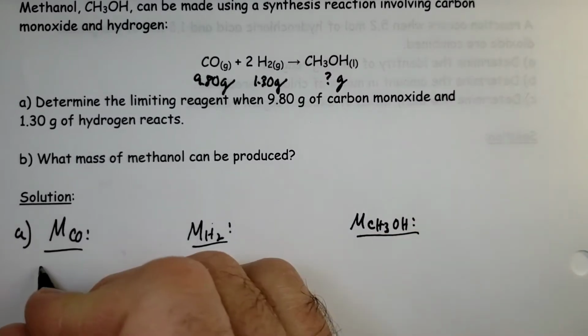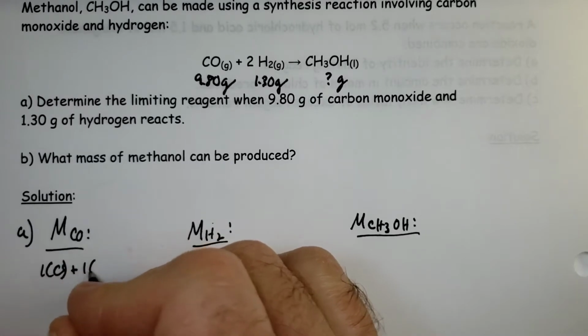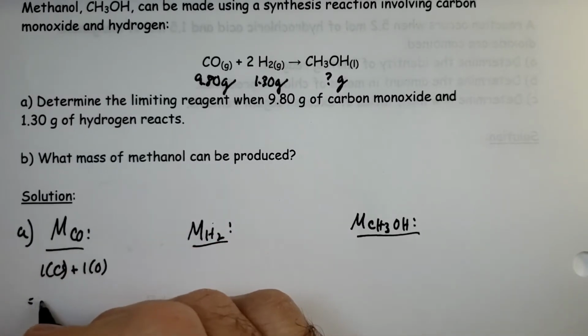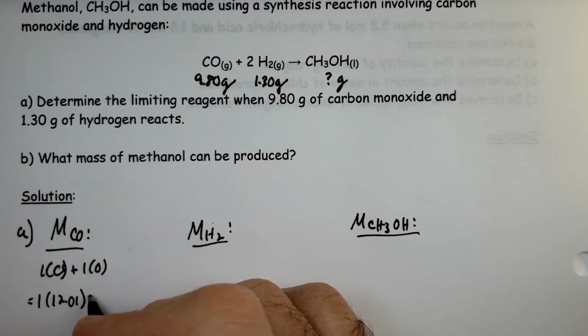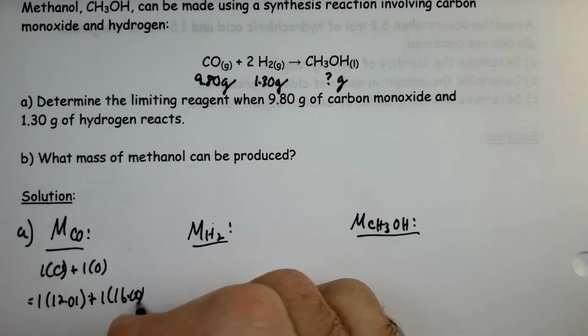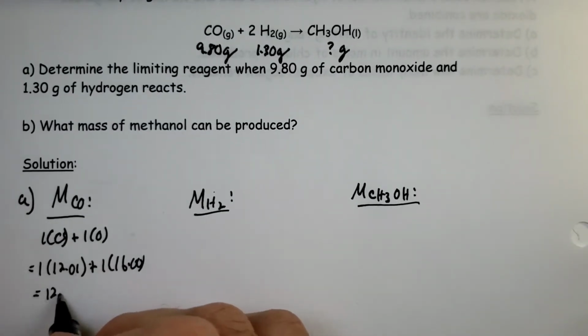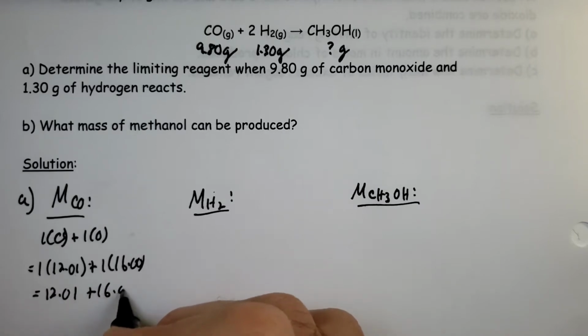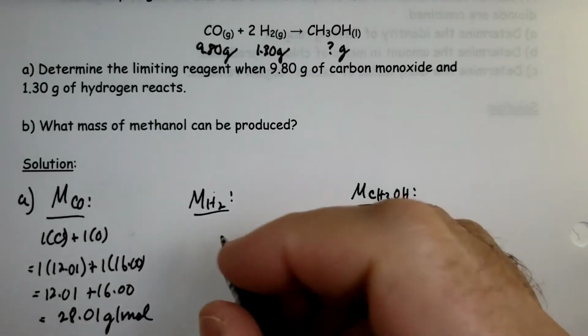So we might as well figure out the molar mass of methanol as well, because we're going to have that later. Just like the previous unit, figure out the molar mass of each element, and then add them all up. Carbon's 12.01, oxygen 16. So the molar mass of carbon monoxide is 28.01 grams per mole.